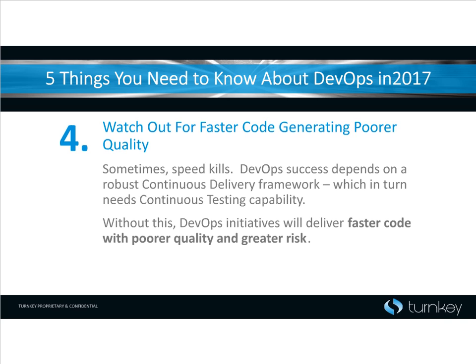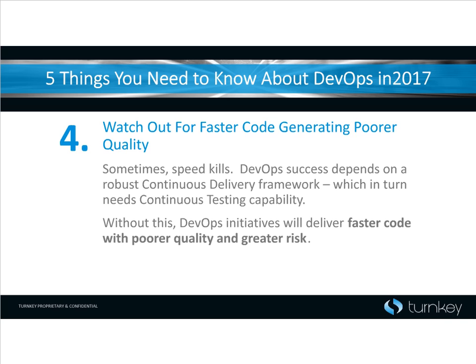Next, number four, we just watch out for faster code generating potentially poorer quality. So again, if we haven't focused on the relative strength of the quality part of the process, I like to say sometimes speed kills. While we really are after speed and improving delivery, without taking into account the requirement to weave quality into that process, it just simply results in a bad release happening faster.